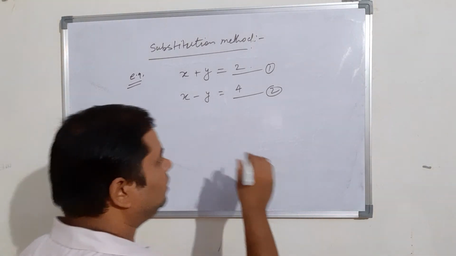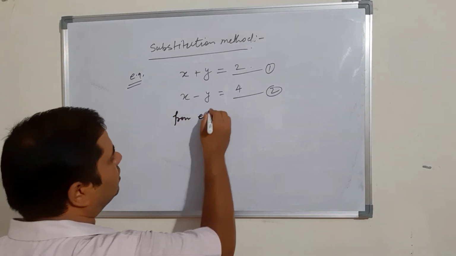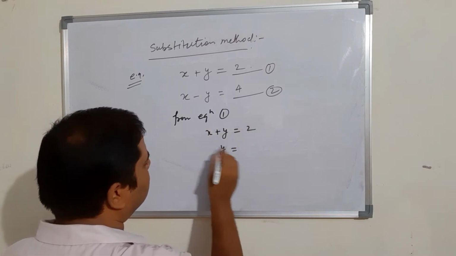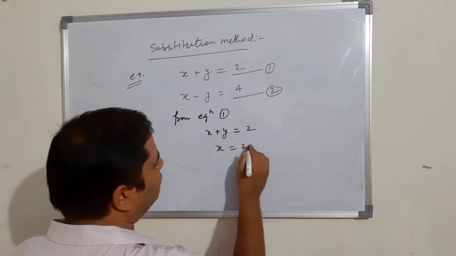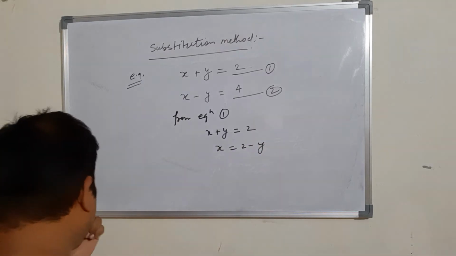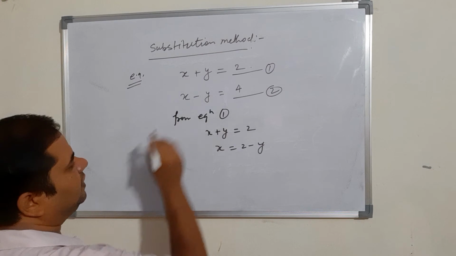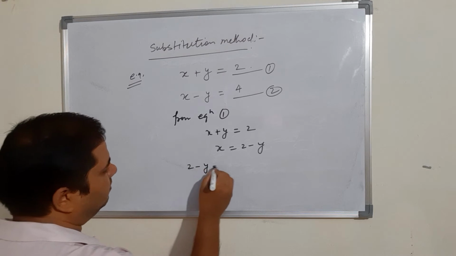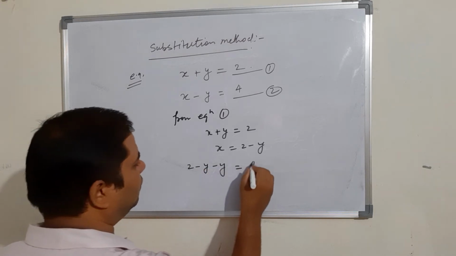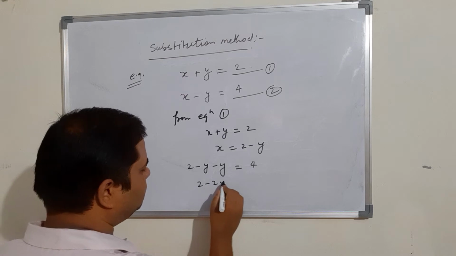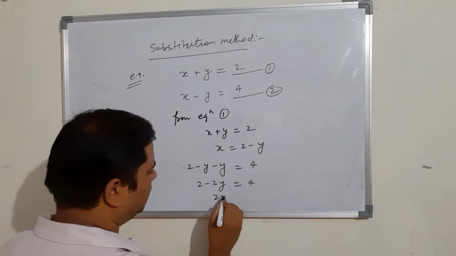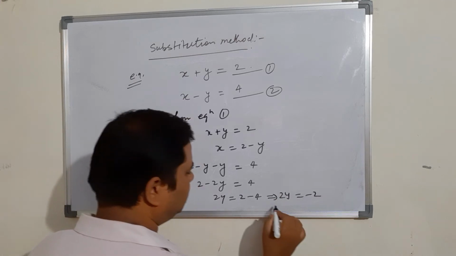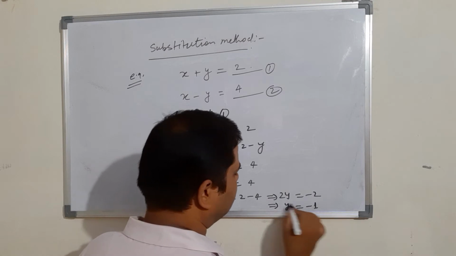From equation number 1, x plus y is equal to 2, then x is equal to 2 minus y, and then put this value in the other equation. We get 2 minus y minus y is equal to 4. So 2 minus 2y is equal to 4, 2y is equal to 2 minus 4, and then 2y is equal to minus 2, so y is equal to minus 1.